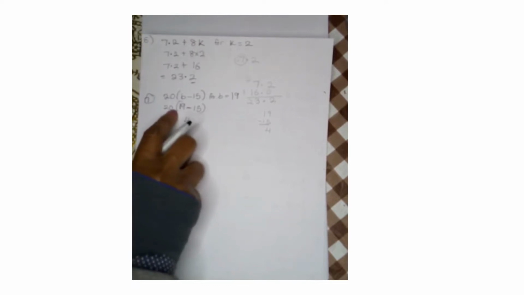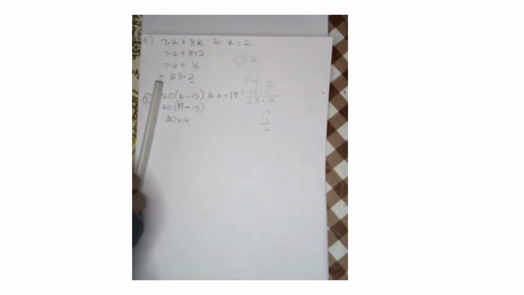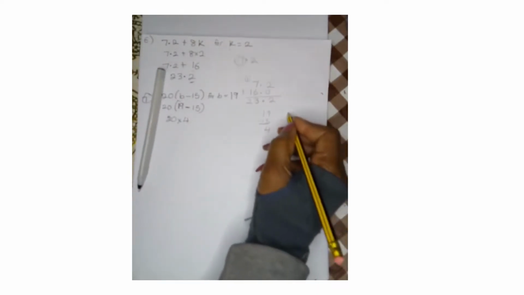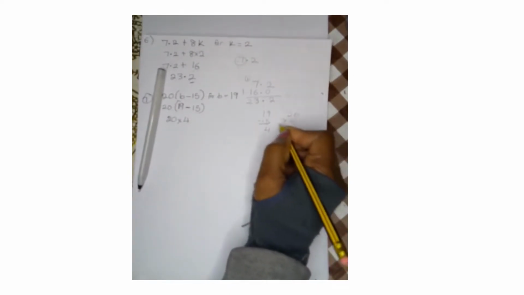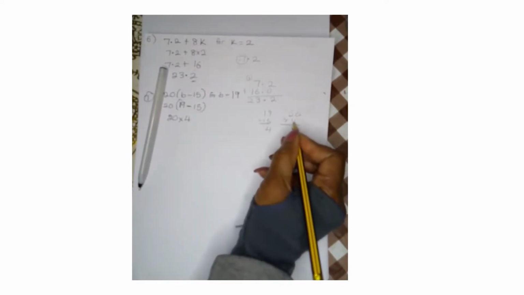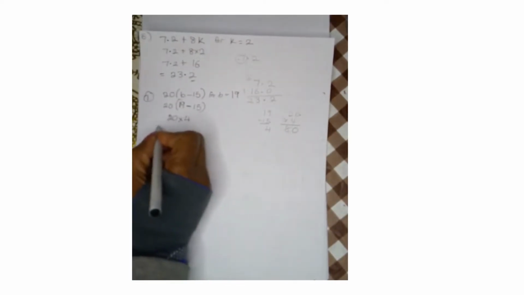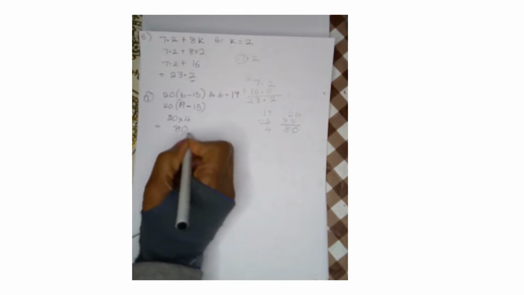See, there is no sign here, which means we are going to multiply. 20 times 4. 4 multiplied by 0 is 0. 4 multiplied by 2 is 8. So the answer here is 80.